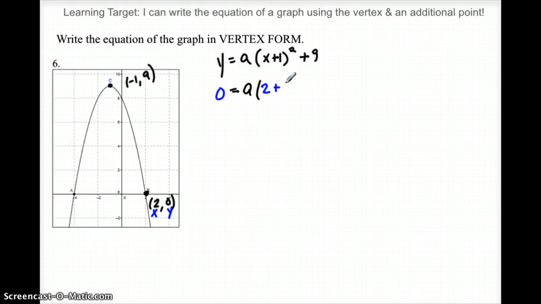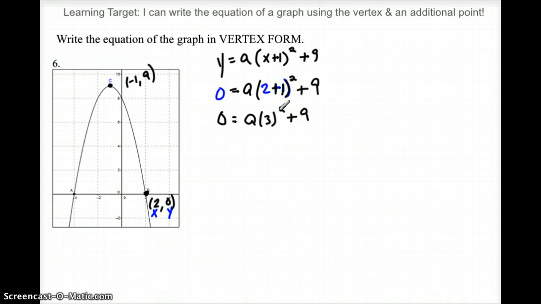So that way you can see where the x and y went, now that I'm color coding them for you. Okay, so there's the y, there's the x. So what do I want to do here? Well, 2 plus 1 is 3, so I'm really looking at 3 squared.